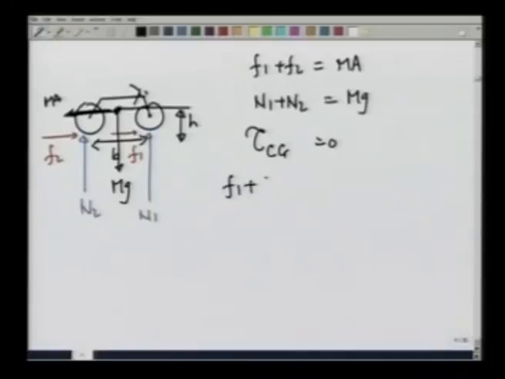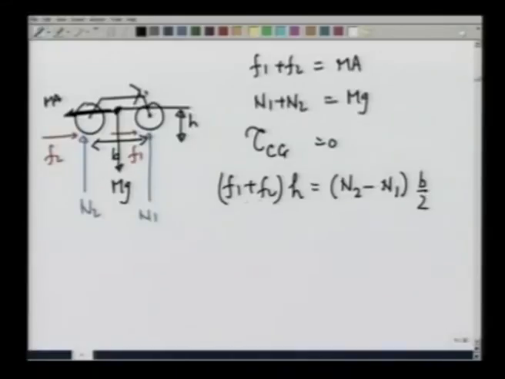F1 plus F2, which is a counterclockwise torque, times h equals N2, which gives you a clockwise torque, minus N1, minus because N1 gives you a counterclockwise torque, times b by 2, if I assume that the center of gravity lies right in the middle of the two wheels.